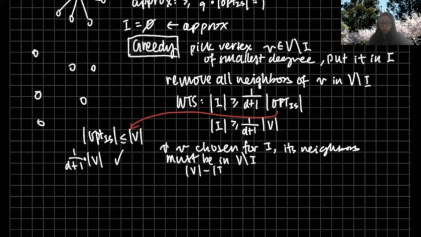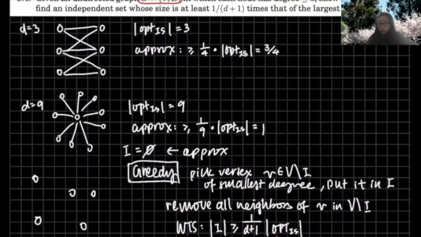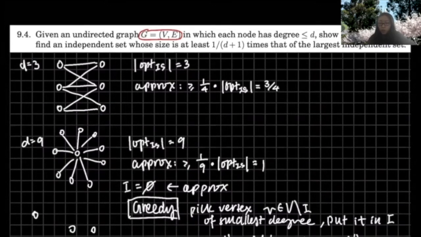This is the crucial part. Feel free to pause the video and work it out on your own here. By definition, the cardinality of V without I is just the size of V minus the size of I. So how many vertices are actually in this subgraph? Let's think about it. This is where our condition that each node has degree at most d comes in.